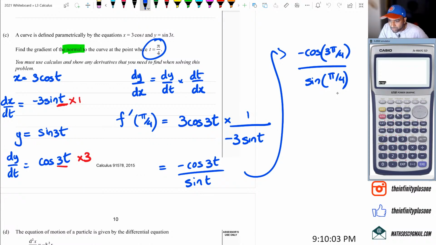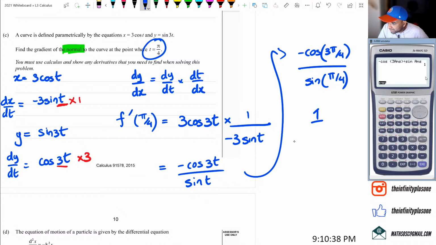And you can also do negative on the sine there, Zubair, that's not a problem. Instead of putting pi over 4, I'm just going to put pi over 4 first and store that as my answer. Then I've got negative cos 3 pi over 4, so 3 times answer, divided by sine of answer. Because I put answer as pi over 4, I'm going to get gradient is equal to 1.